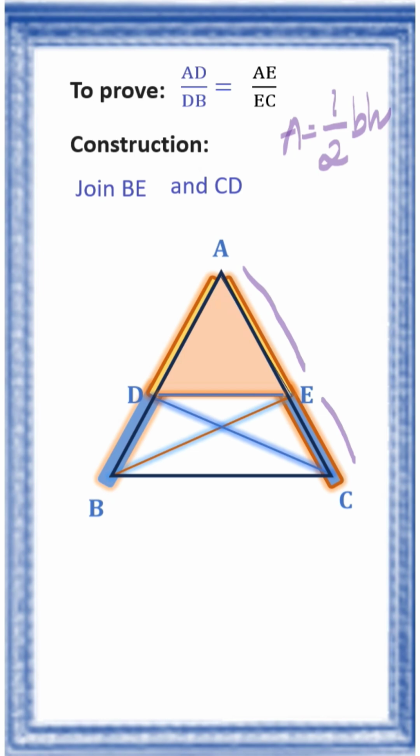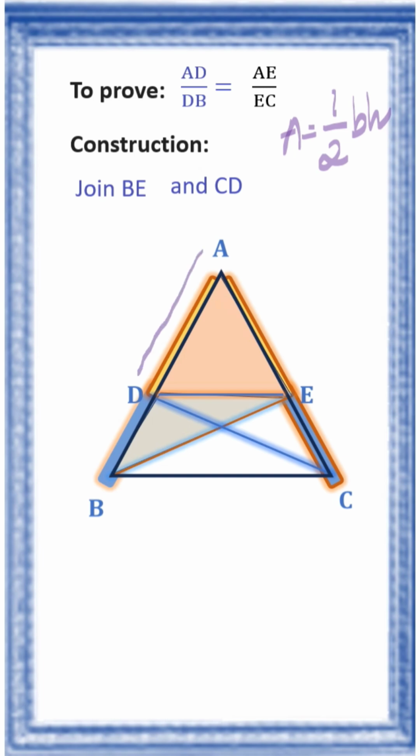Okay, now we have triangle ADE and triangle CDE. Now what we have to do in triangle ADE and triangle BDE. If you want to take the areas of these two triangles, we have to draw a perpendicular. Perpendicular should always be drawn from the opposite vertex to the base. Here the base is AD.